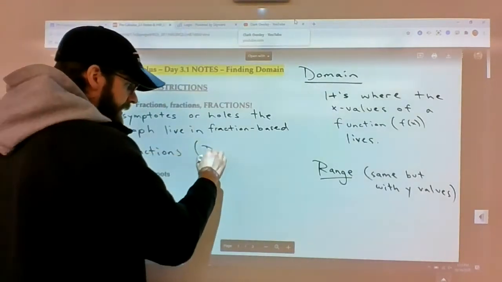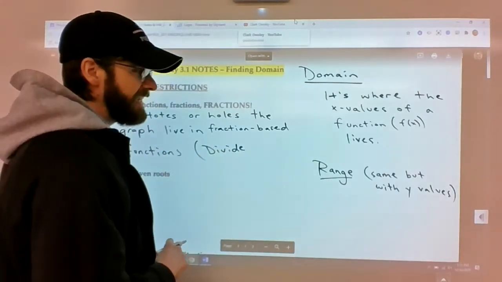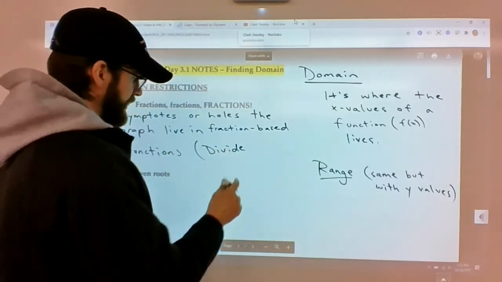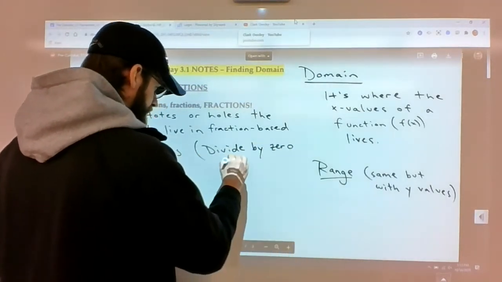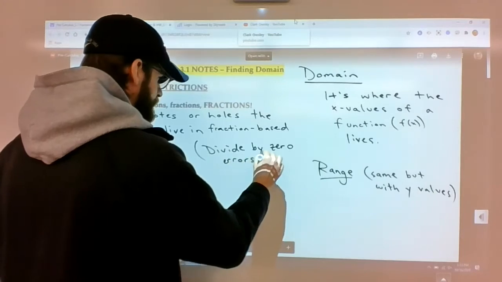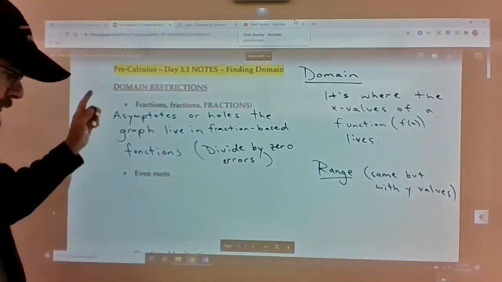Divide by zero errors, your domain does not jive with that. So that's going to be a domain issue. There's your first domain issue.